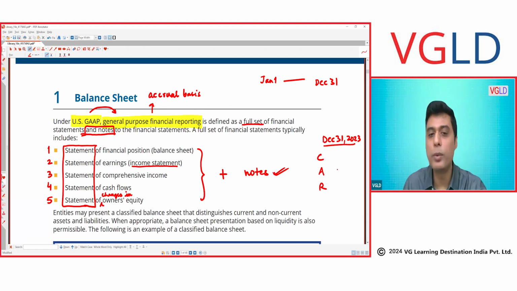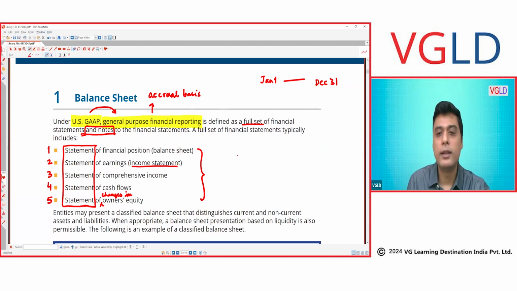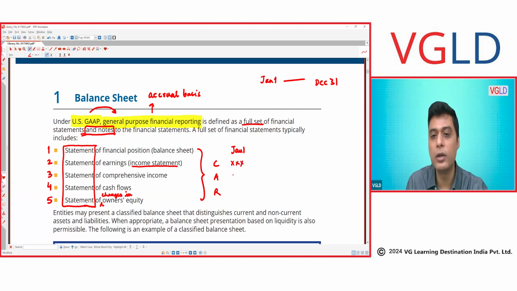But we have to present the statement of changes in owner's equity. That means we have to show the entire movement. This was my beginning balance, January 1: this was my common stock, this was my APIC, this was my retained earnings, whatever amount.